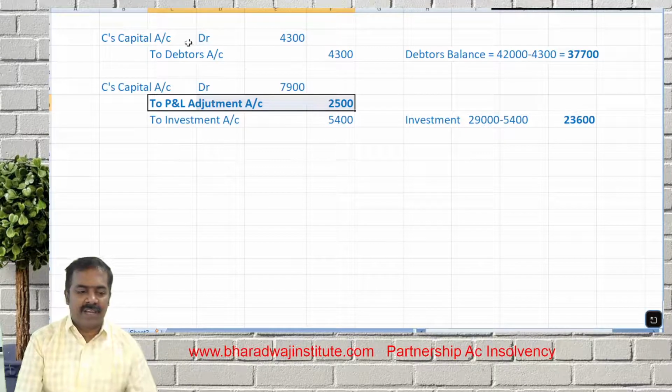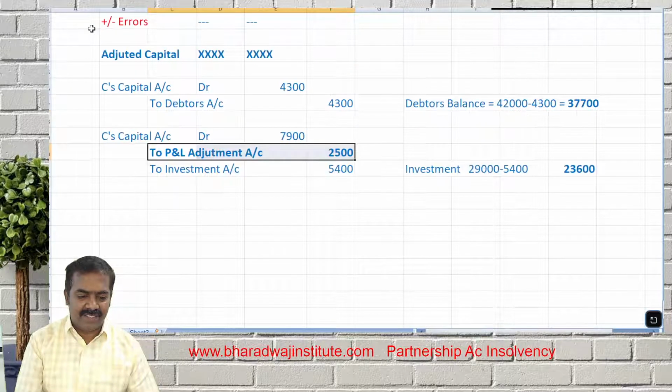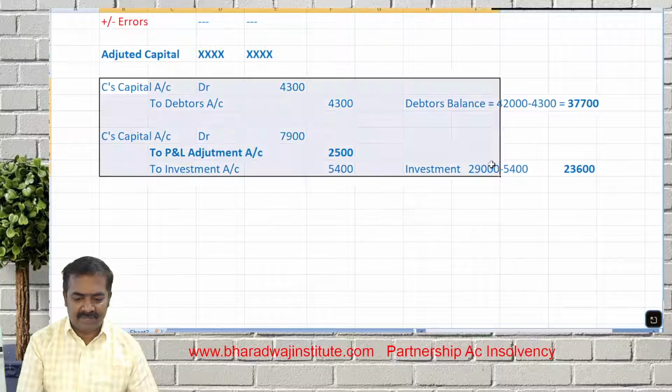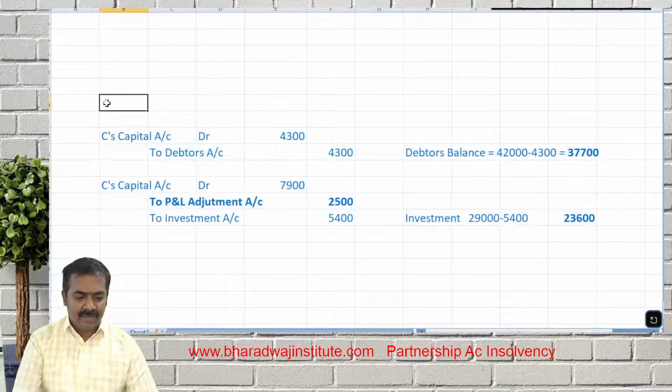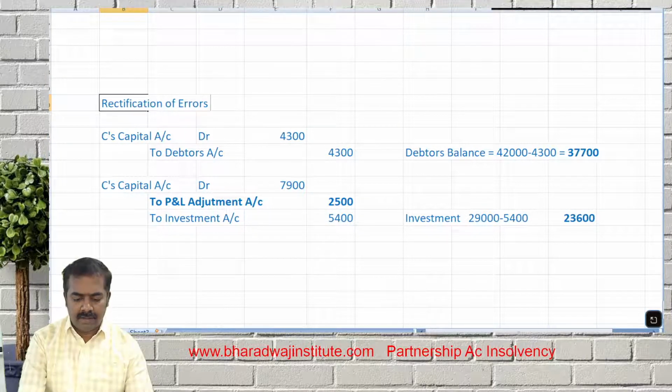Now take up this: rectification of errors. We need to start with the realization account, but before that, rectification of errors prior to dissolution.